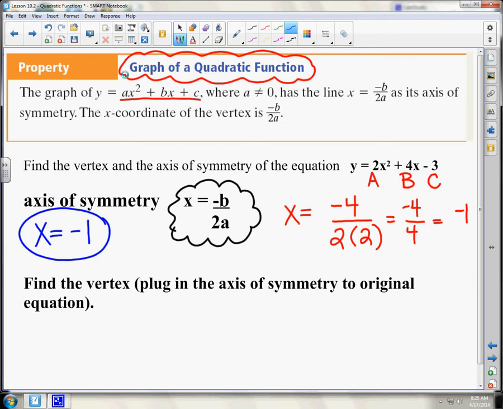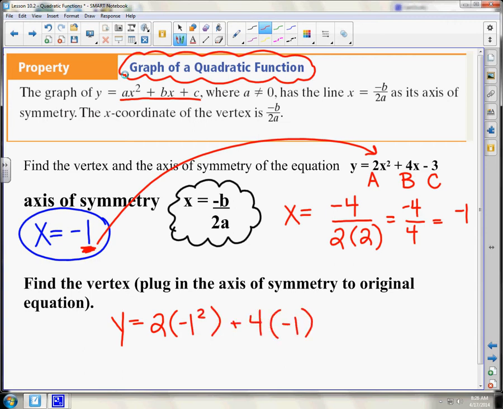Now, that's the axis of symmetry, and that's the line that cuts a parabola in half. The vertex is going to be the very tippy top of that parabola, or the very bottom of the parabola. So how you find that is you take this number and you plug it into the original equation. So I'm going to say y equals 2 times negative 1 squared plus 4 times negative 1 minus 3.